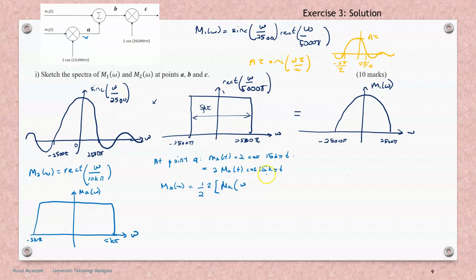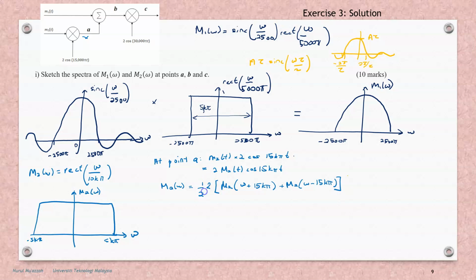Omega naught here is 15k pi, so plus 15k pi, plus M2 of omega minus 15k pi.